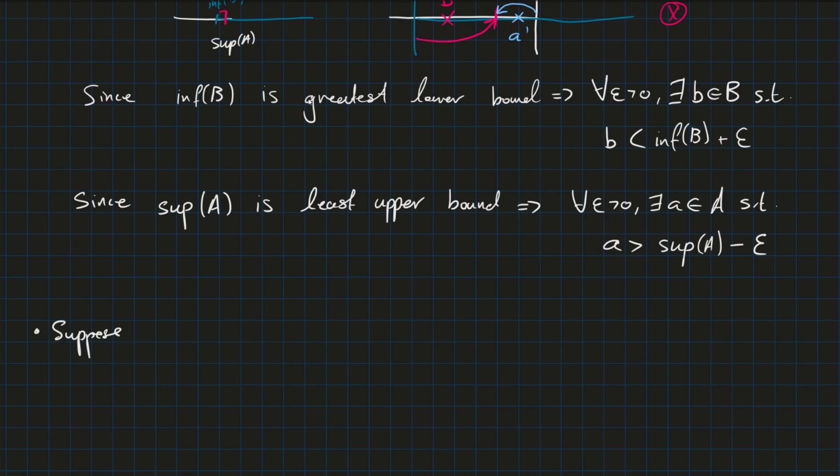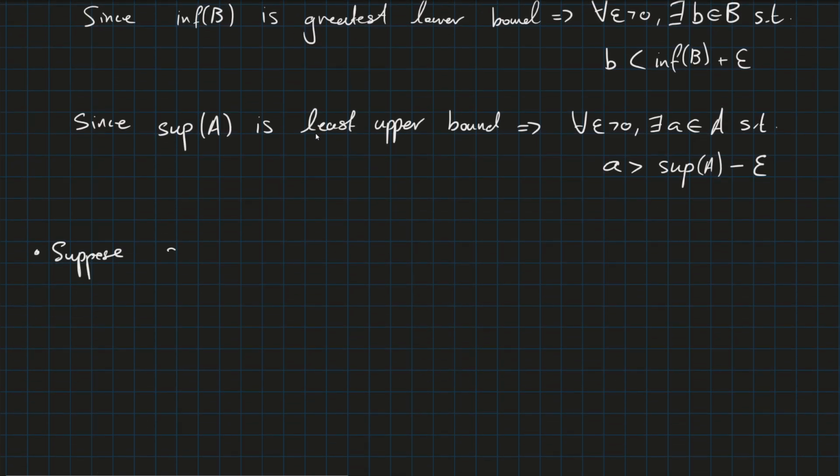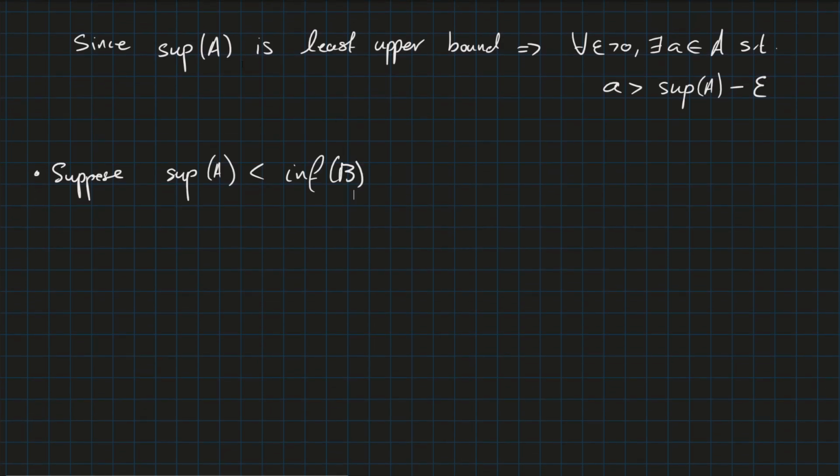Now suppose that the supremum of A is less than the infimum of B. Okay, so that means that we have our supremum going up to some point here. Might or might not be in the set, doesn't really matter.